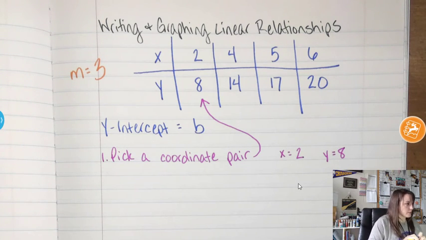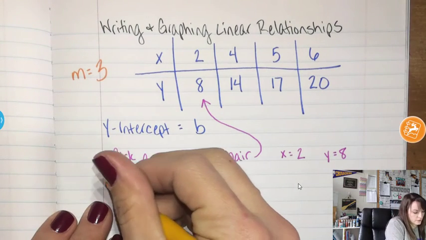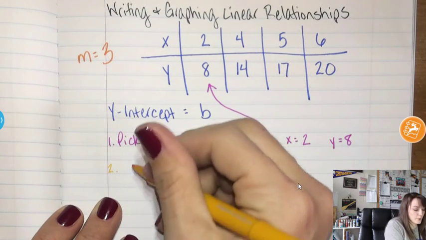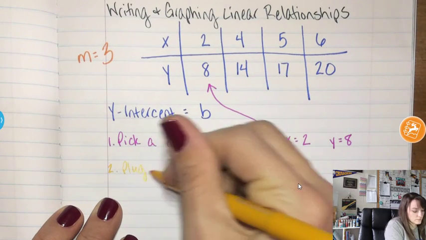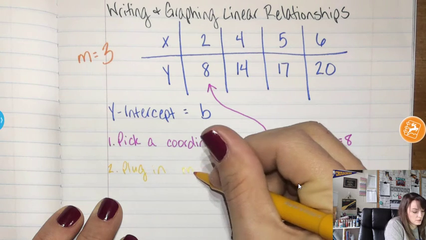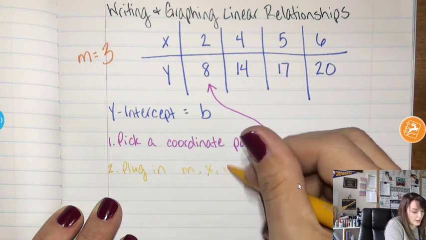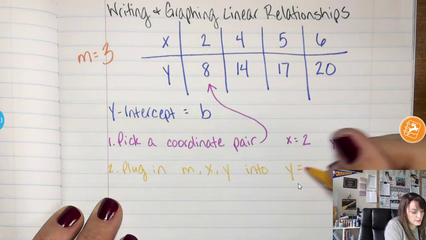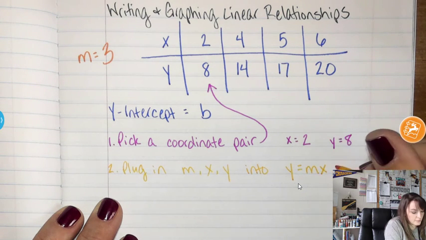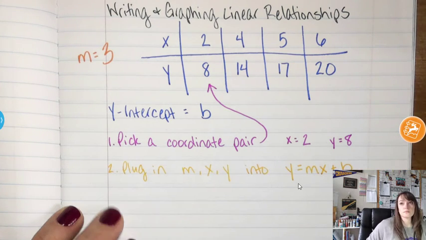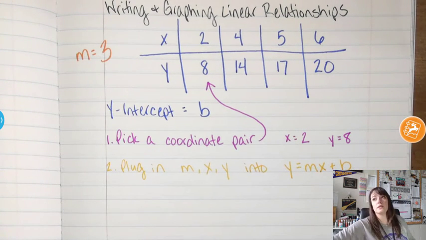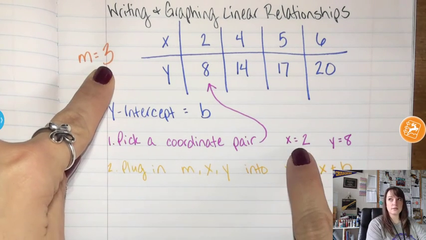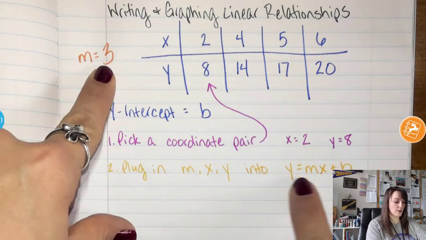Now we're going to do a little bit of algebra, baby algebra, 6th grade algebra. Step 2. I am going to plug in my m, x, and y into the equation y equals mx plus b. I'm going to plug in m, because I know m, x, and y into this equation.